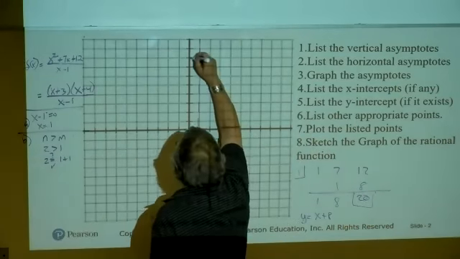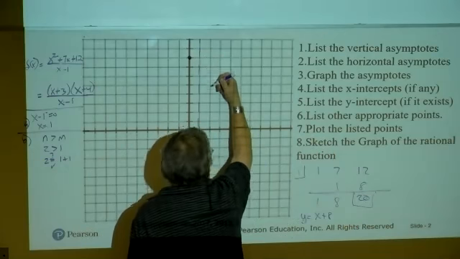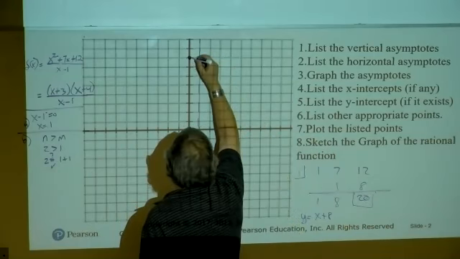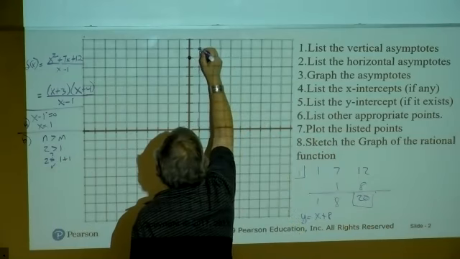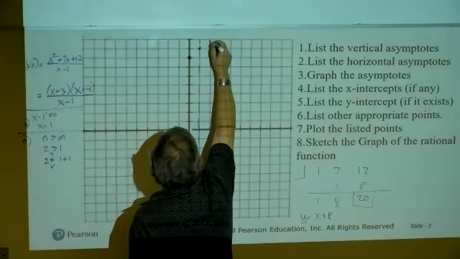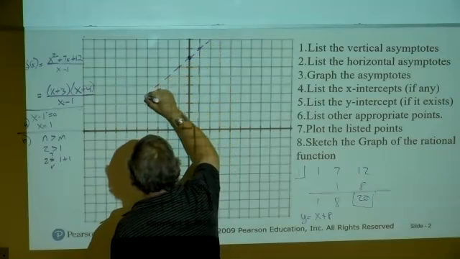And so it's going to go through here with a slope of 1. So that means it goes to the right 1, up 1, or down 1 to the left 1. And so it's going to be this line here.